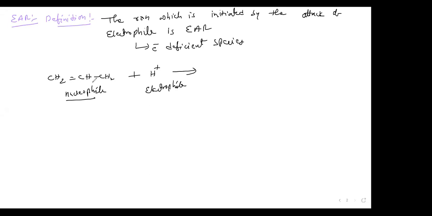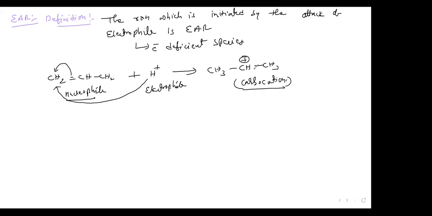Now, in the presence of H plus, the pi bond shifts towards the left. Therefore, this H plus electrophile will join over here, resulting in formation of a carbocation.